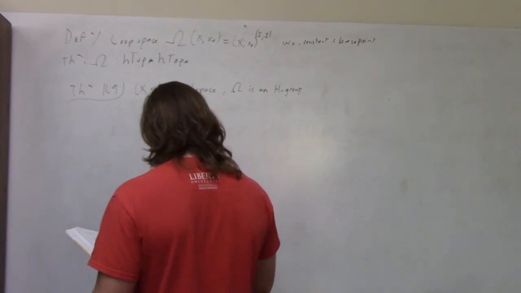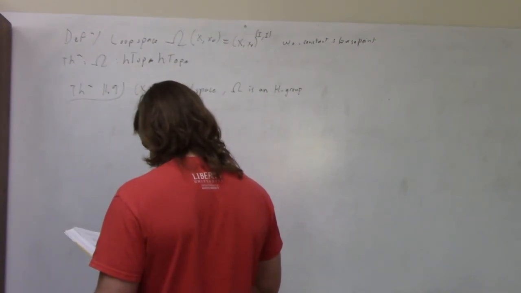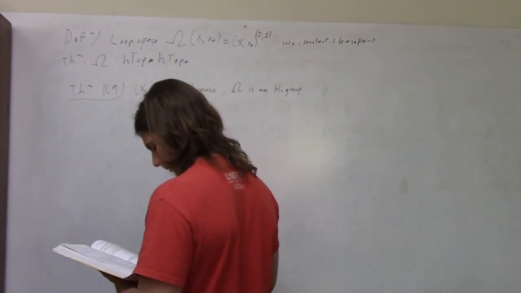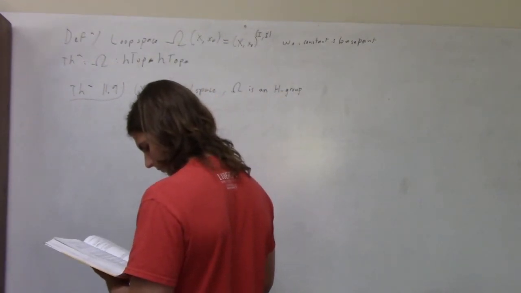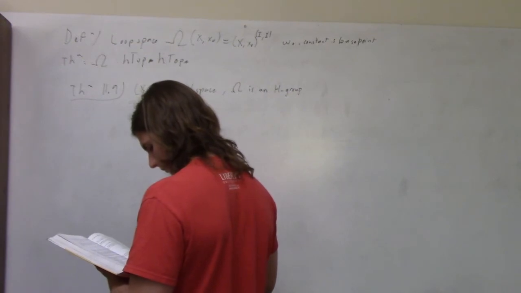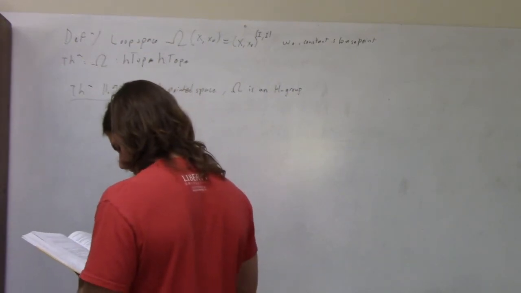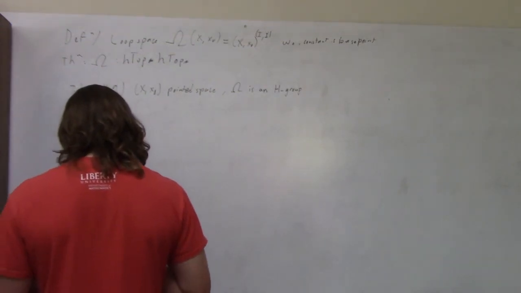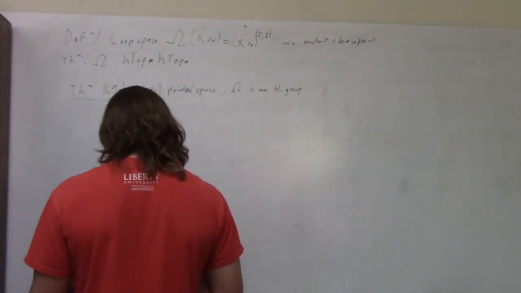So the multiplication is the joining, or concatenation, of paths. And the constant path at x naught is the identity.